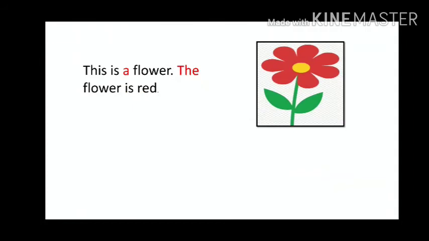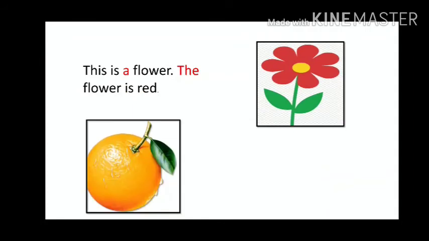Look at these pictures. This is a flower. The flower is red. This is an orange. Students, can you identify the naming words from here? Yes, flower and orange.